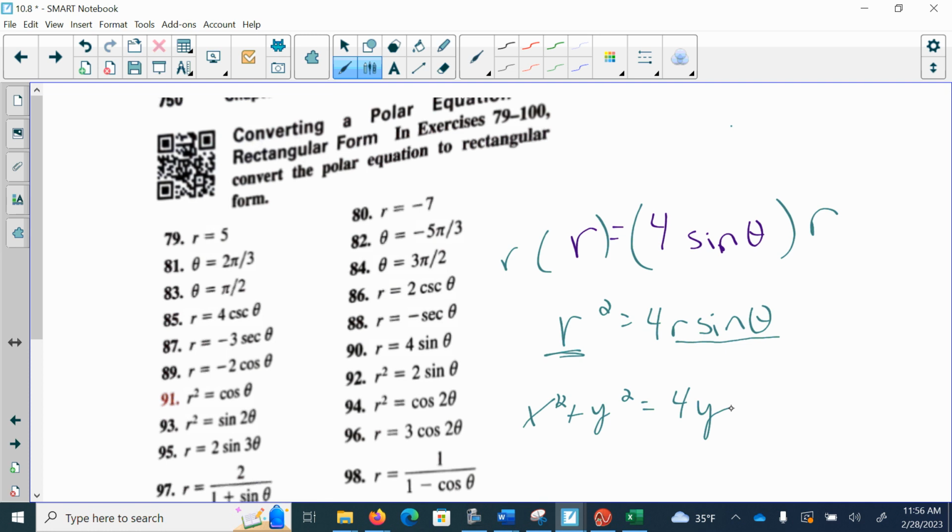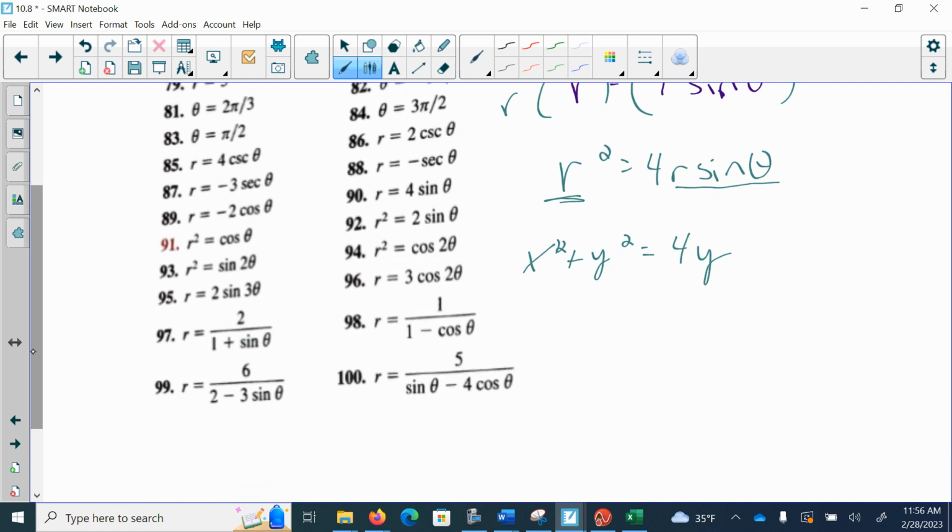To write it in standard form, what do I have to do? Lily? Well, I'm going to start by setting the equation equal to 0. So I'm going to have x squared plus y squared minus 4y is equal to 0. Then what am I going to do? Jack?